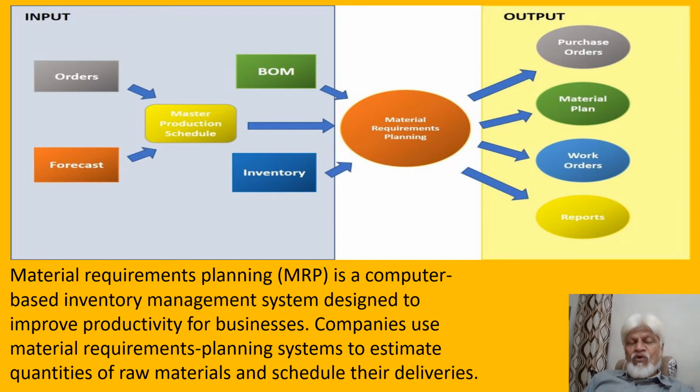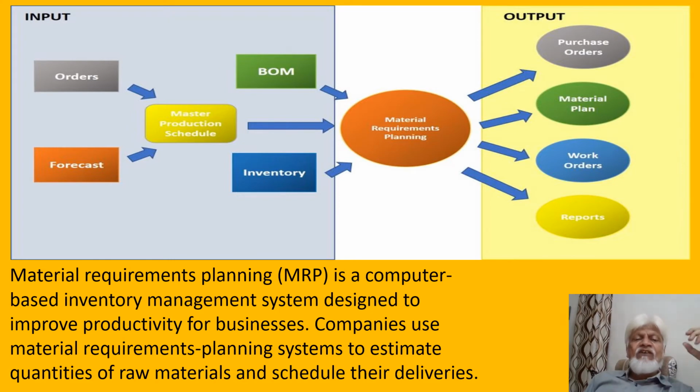By knowing the orders the company has, what you are predicting to produce, and the inventory required, those inputs for material requirement planning give the factory or company an output: your purchase orders, your material planning, the work orders and the reports.